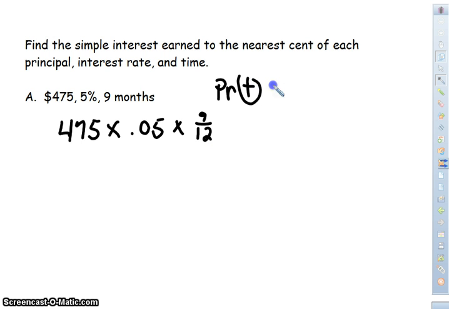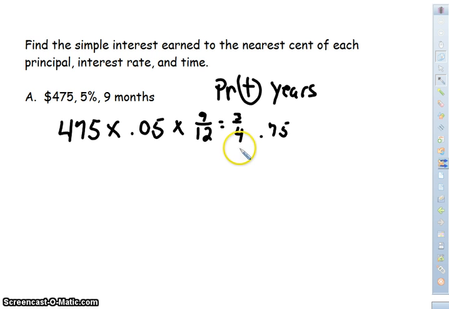Remember, the time has to be written in years, so it's 9 out of 12, 9 months out of 12 months, which does reduce to, if we're going to reduce that by 3, we get our 3/4, okay, so which would convert to 0.75.